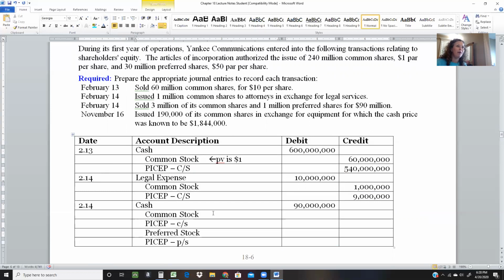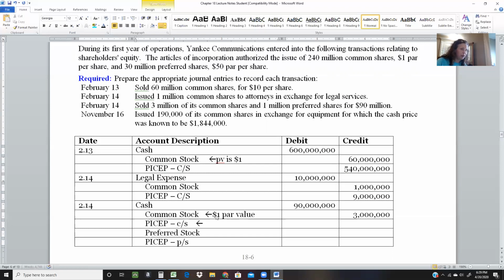Common stock was 3 million shares, and the common stock has $1 par value. Did they say 3 million shares? Okay. And then preferred stock is 1 million shares, but those have a par value of $50 a share. So common stock is going to be the par value, which is $1, so 3 million.